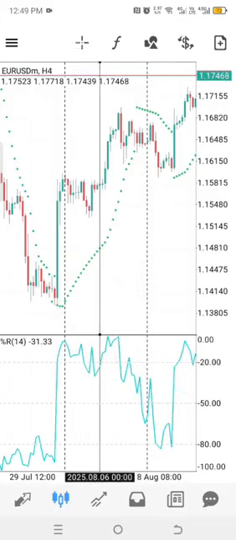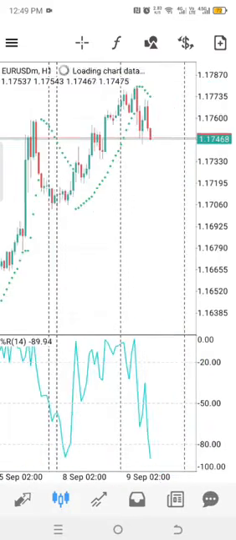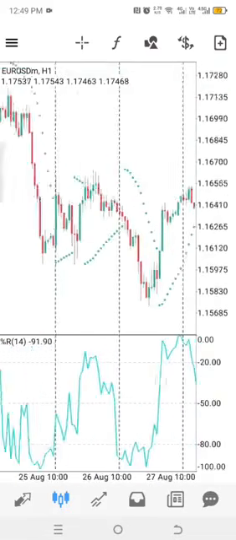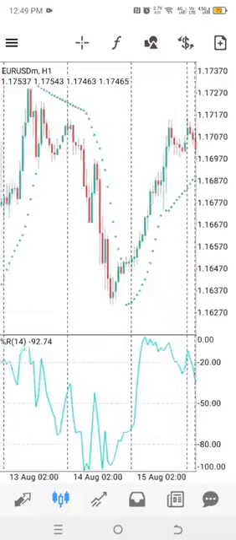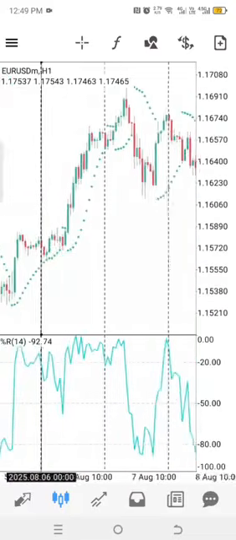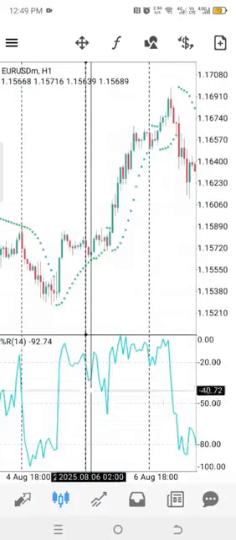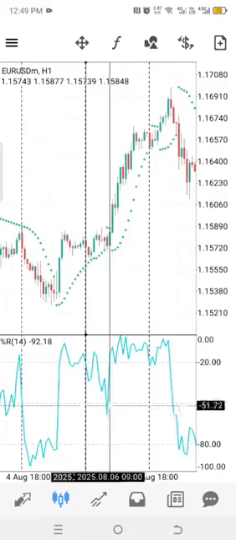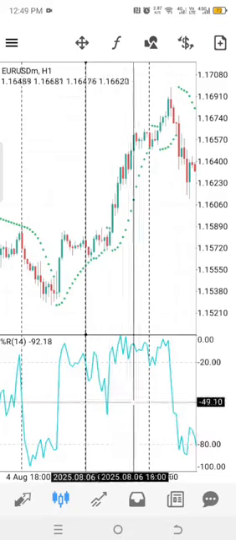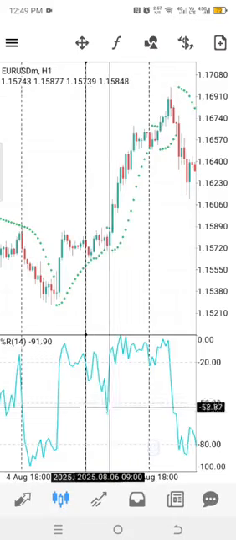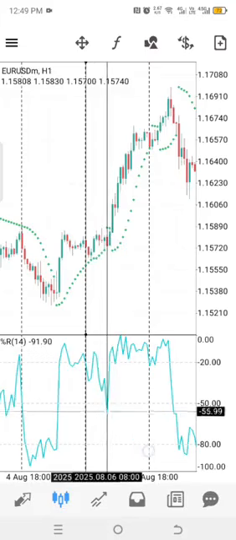I'm just going to move straight to the next time frame, which is H1. Now when I get to the H1 time frame, I'm just going to wait for the price to move below the -50. Now look at it, this is the -50 level. So the indicator needs to drop below the -50.